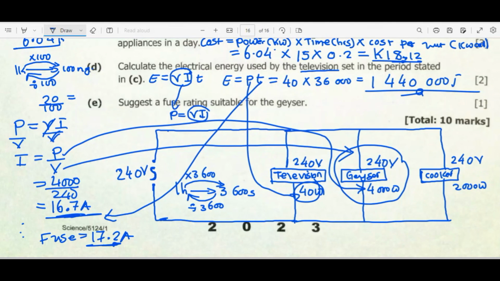The point is, the current for the fuse must be greater than the actual current that is passing through that electrical appliance, because if the current of the fuse is equal to the current passing through it, then the fuse may be damaged even if there is no electrical shock.